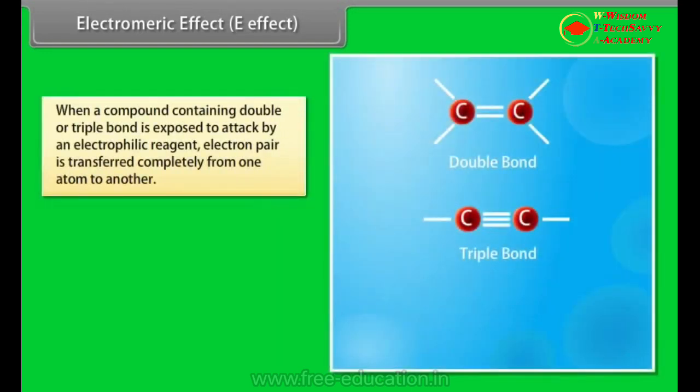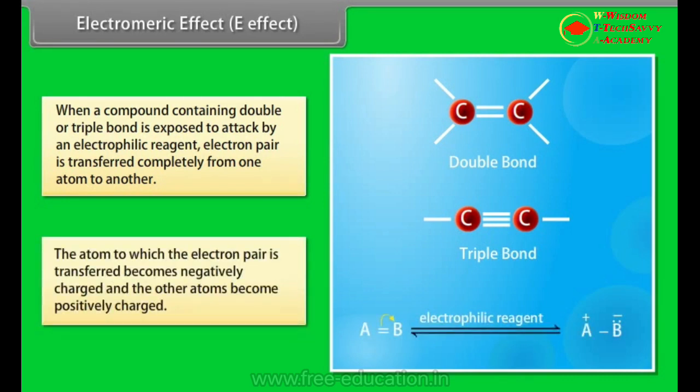Electromeric effect, E effect. When a compound containing a double or triple bond is exposed to attack by an electrophilic reagent, the electron pair is transferred completely from one atom to another. The atom to which the electron pair is transferred becomes negatively charged and the other atom becomes positively charged.